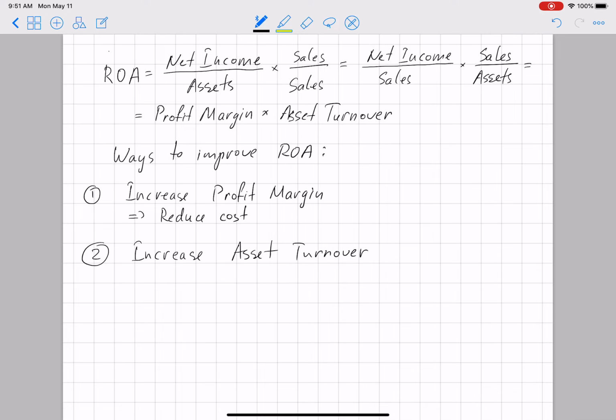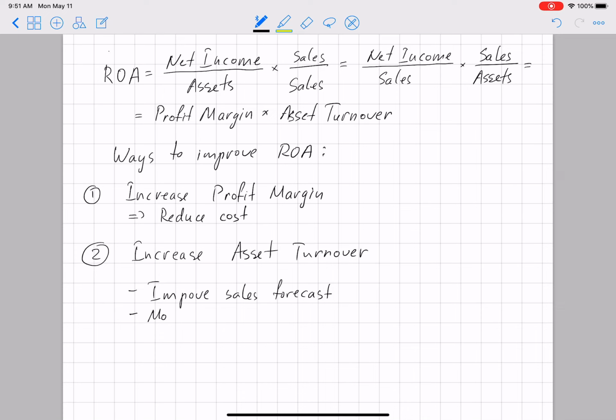So for example, if I want to improve inventory turnover, what should I do? Improve sales forecast. Okay. And maybe more efficient inventory management or more efficient supply chain. Okay.